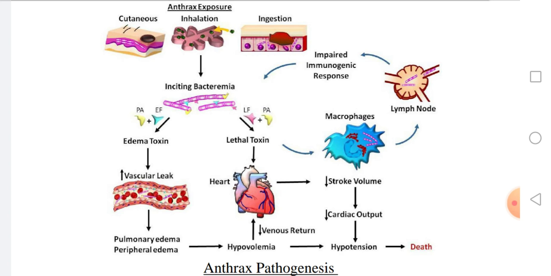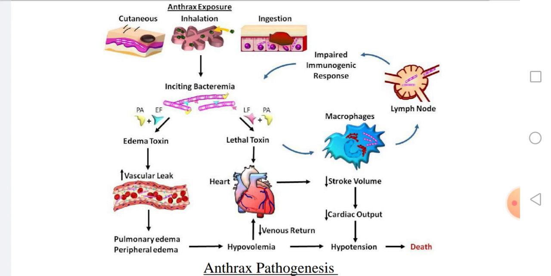The hypovolemia will lead to reduction in the venous return to the heart. And this will lead to reduction in stroke volume and reduction in cardiac output. And this process ends in hypotension. The protective antigen and the lethal factor combination will be lethal toxin.